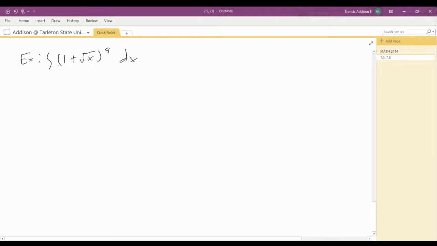And this is one of those cases where you would try to do a u sub for a radical. So I am actually going to go ahead and show you guys my full thought process when I did this problem. That way it can show you how to work through these.